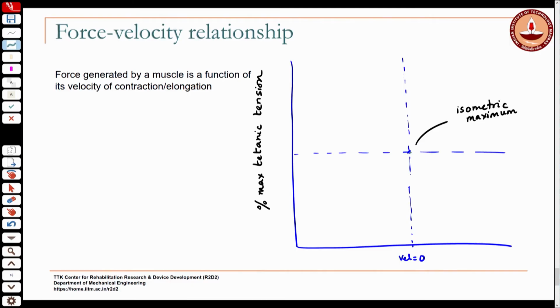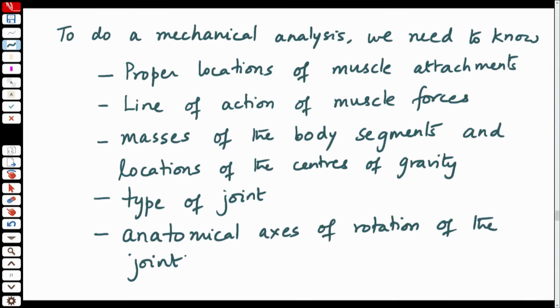In the skeletal system, some of these axes actually move as the segment moves. For the posture or the movement that you are considering, you need to determine the appropriate anatomical axis at a particular configuration. So, this is information that you need to know in order to proceed with the mechanical analysis.